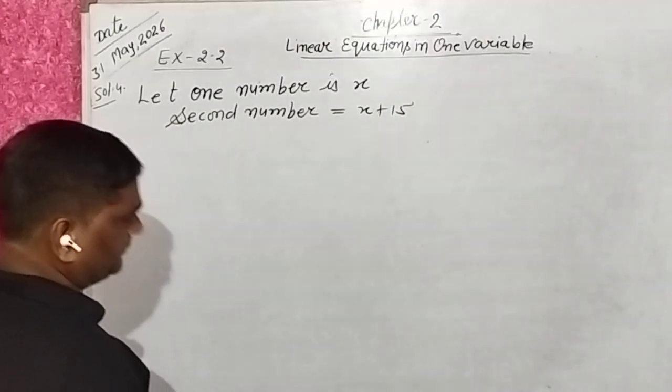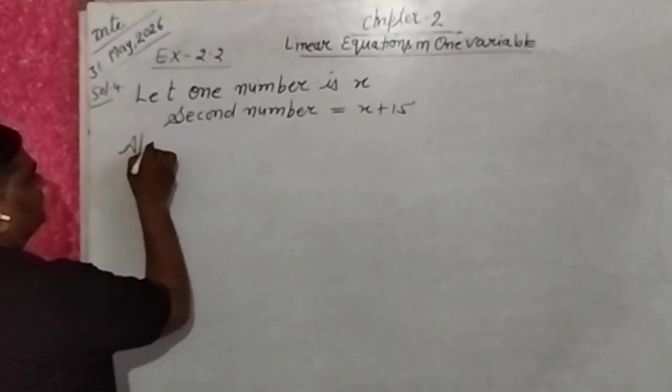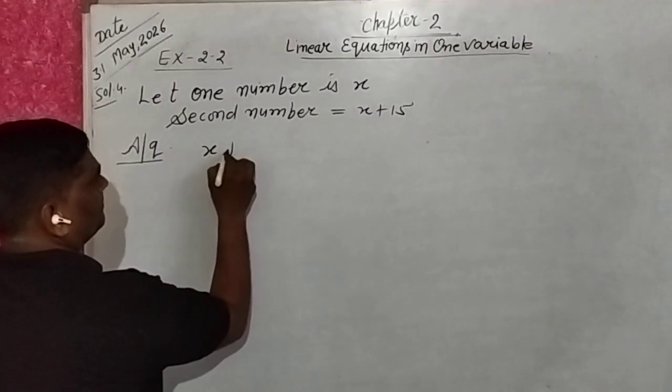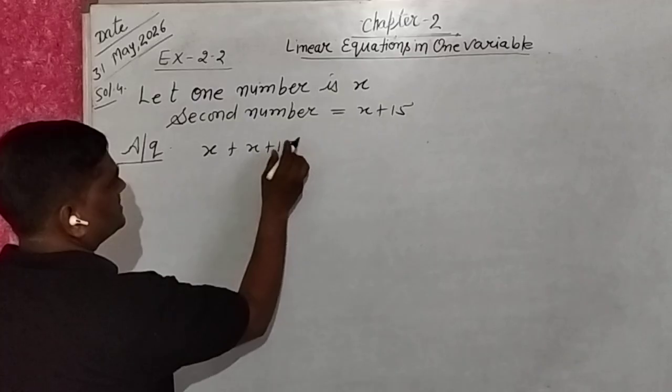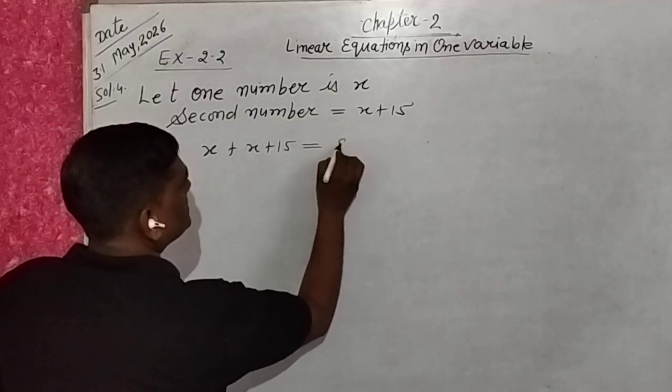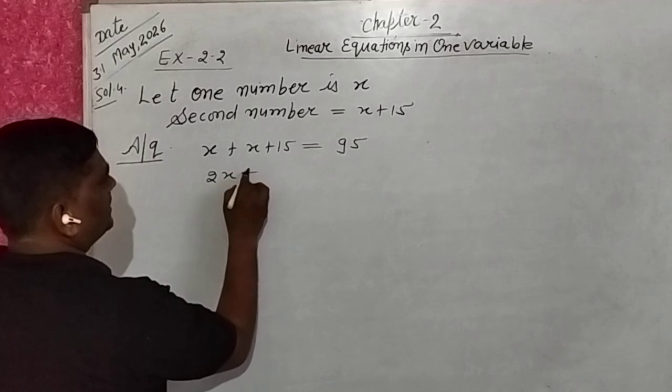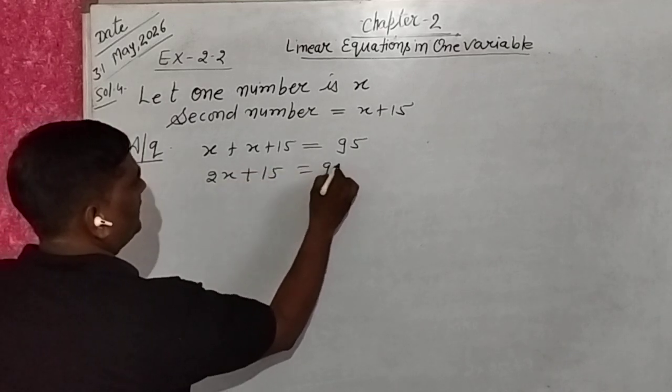According to the question, x plus x plus 15 sum is 95. So 2x plus 15 is equal to 95.